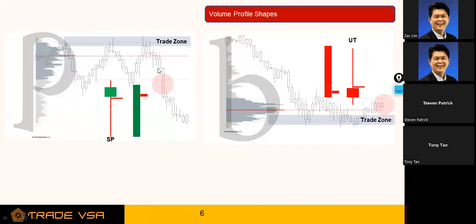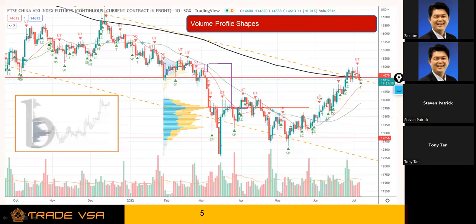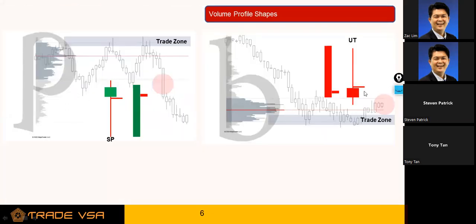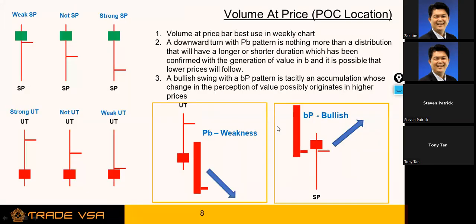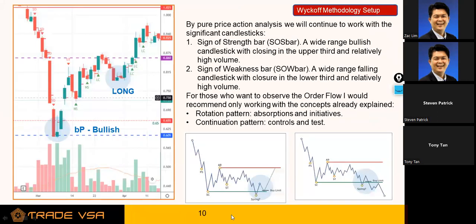B and P, the bigger picture, will give you a more general direction. Just that when the thing is already at the bottom and going to be at the edge already, only then do you use the individual bar to judge, going from macro focus to micro, to know the strength in the background. Okay, so you can go through the slide here.